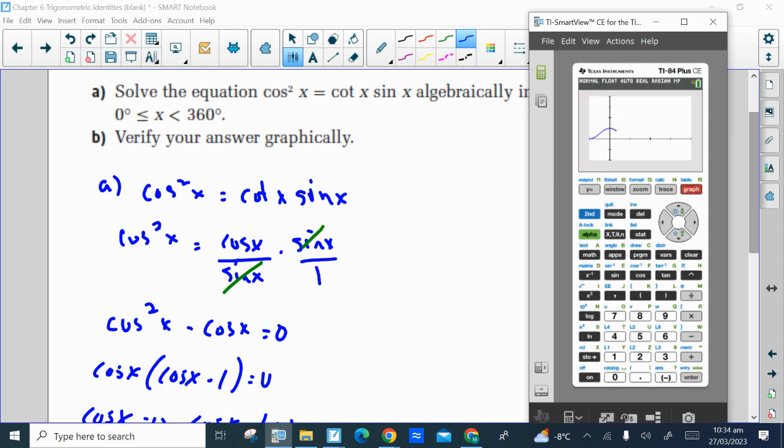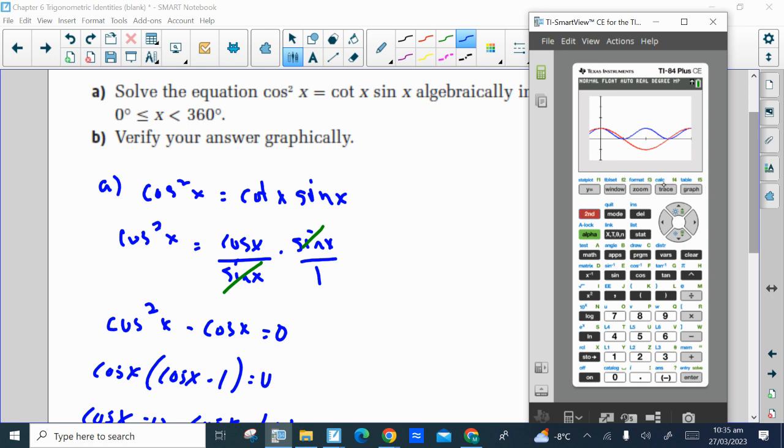When we graph it, oh, I need to change my window and my mode. I'm going to go from, let's say, negative 45 degrees up to 360 degrees and a scale of 90. I also need to change my mode into degrees. So there we go.